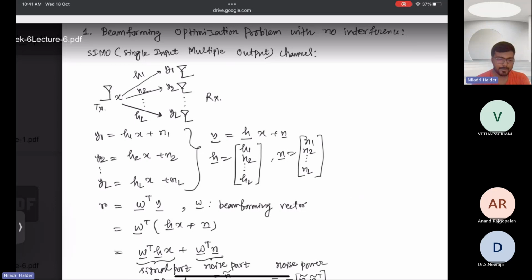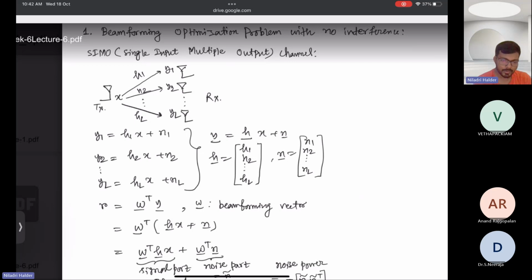Then there are L received equations: y1 equals h1x plus n1, y2 equals h2x plus n2, and so on up to yL equals hLx plus nL. So if there is a vector y containing y1, y2, up to yL, then y is equal to h times x plus n, where h and n are both vectors.